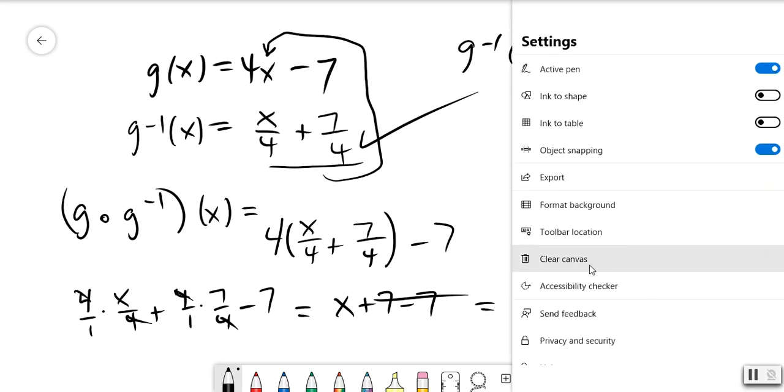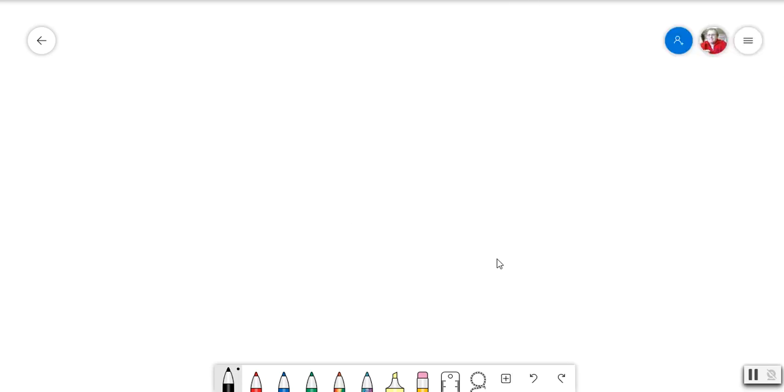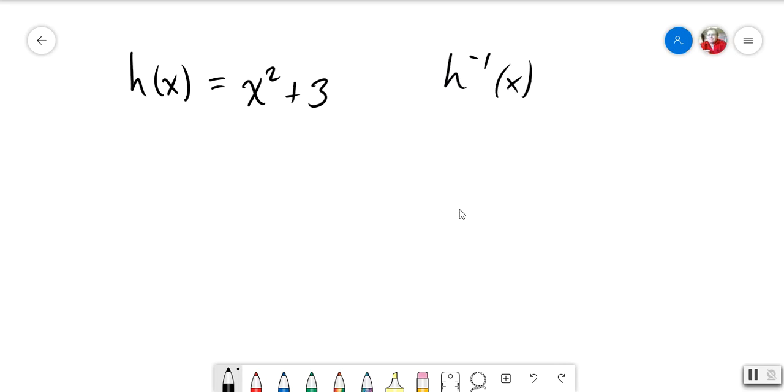Let me do one more slightly more involved one, and we'll call it good. Let's say h of x equals x squared plus 3. And we want to find inverse h. We do what we've been doing before.